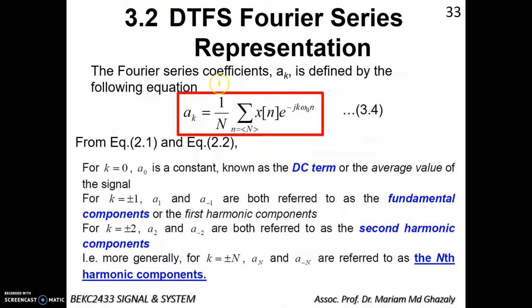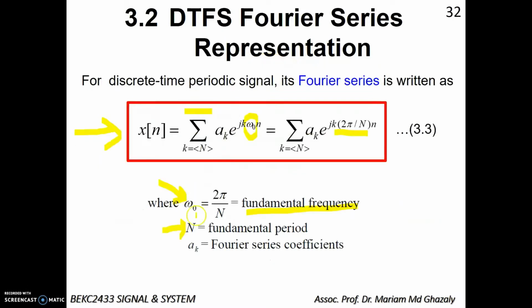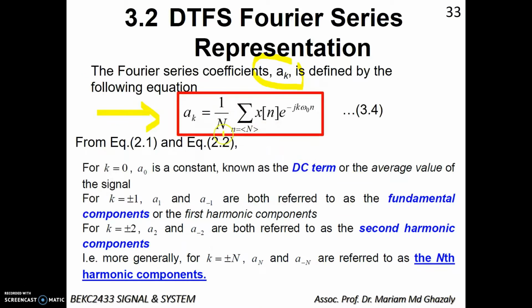Now we go to the Fourier series coefficient equation, which is a_k here. It is defined as 1 over N, where N, if you remember, is the fundamental period, times the summation of x[n].